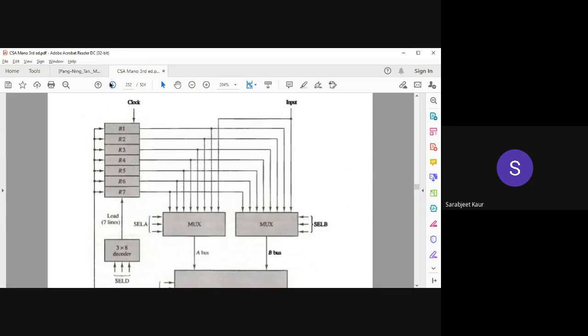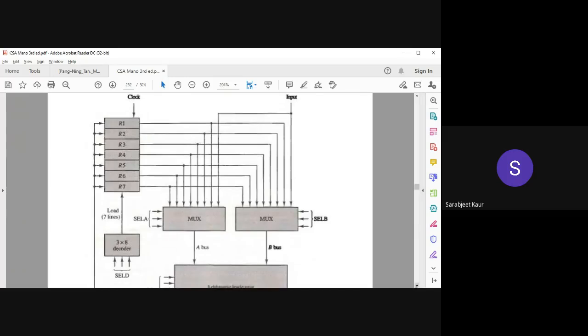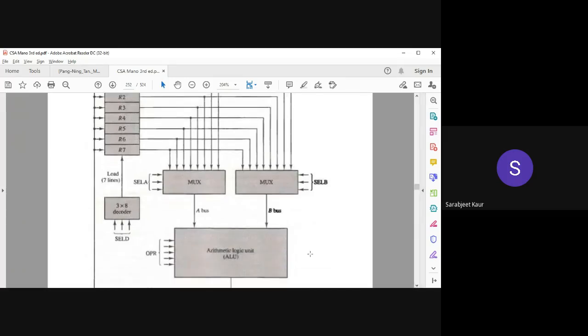And now, the first thing is that these registers must be connected with the ALU, right? They must be connected with the ALU somehow, okay? Now, how to connect? So we could have had a direct connection of each register with the ALU, but you can only imagine that with an increase in the number of registers.